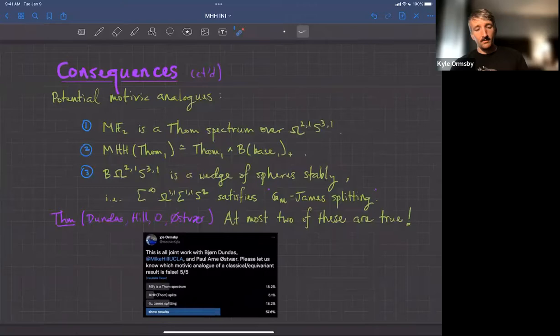So what'll it be? We could have that it's not the case that MF2 is a Thom spectrum. Now here I've chosen a particular base, a base that's inspired by work of Mark Behrens and collaborators that shows that this is true C2 equivariantly.